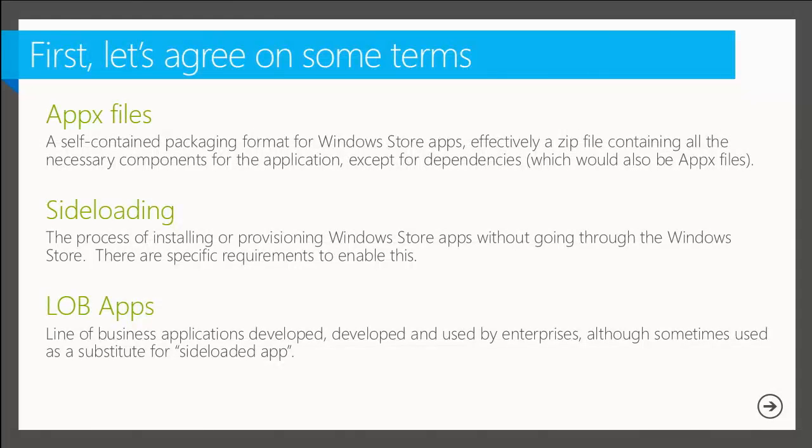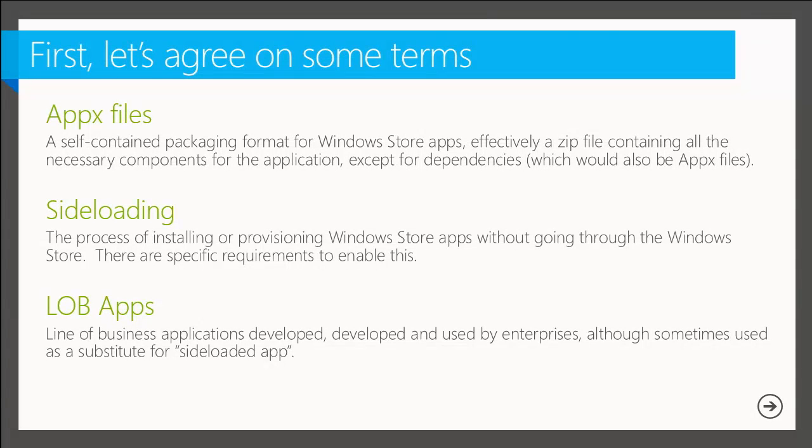Line of business apps, then, really we're just throwing another term at it. A line of business app would be an application that you've created yourself that you're looking to deploy within your enterprise. By definition, well, maybe by definition, you don't want to put these apps into the public Windows Store. The public Windows Store doesn't provide any mechanisms to filter those applications to just your employees.